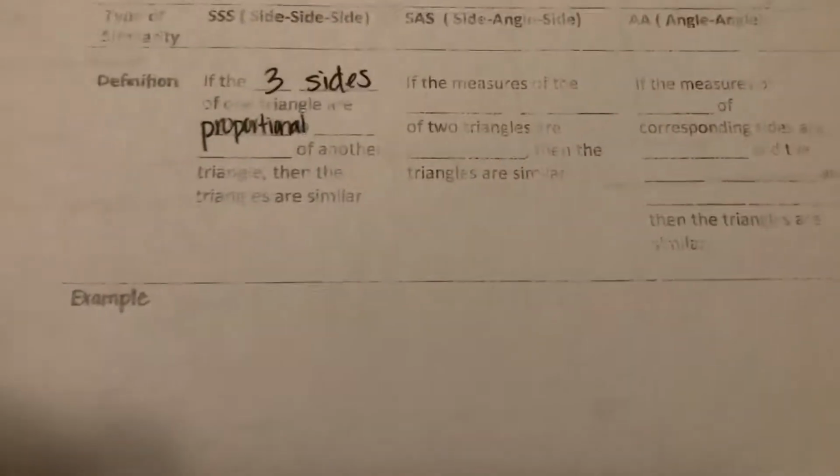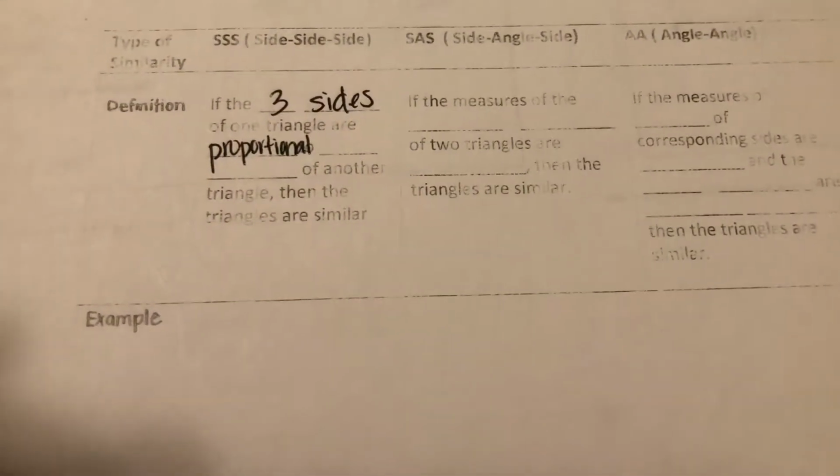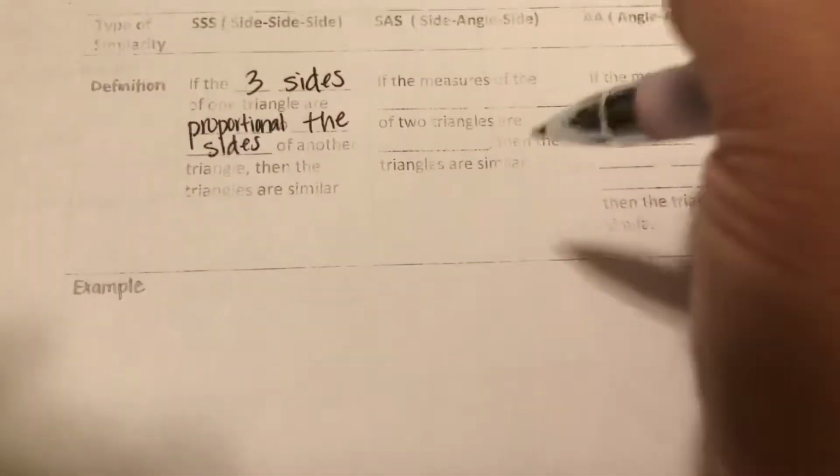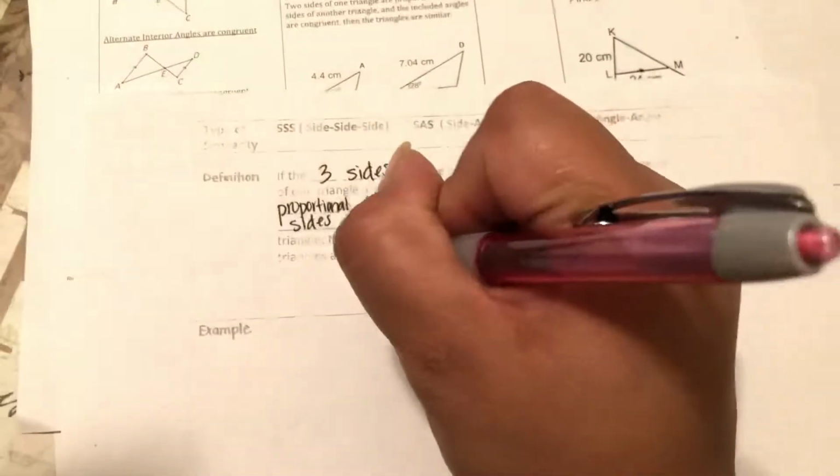Sorry that I write really big. Proportional to the sides of another triangle, then the triangles are similar. Again, that word similar, right? That's squiggly.